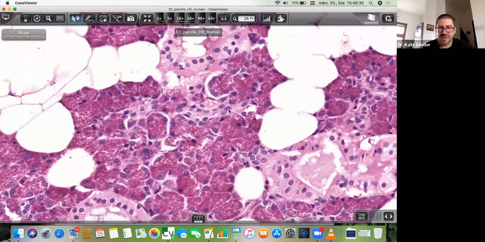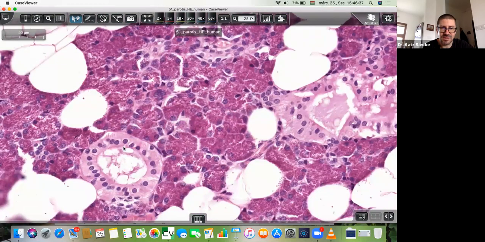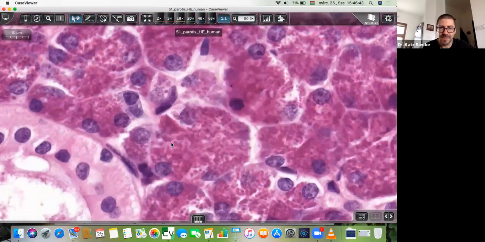This is, by the way, the longitudinal section of an intercalated duct. This is a striated duct, simple columnar epithelium, and also beautifully seen are the serous acini and the zymogen granules, so these round-shaped granulations inside, the inactive form of enzymes, for example.